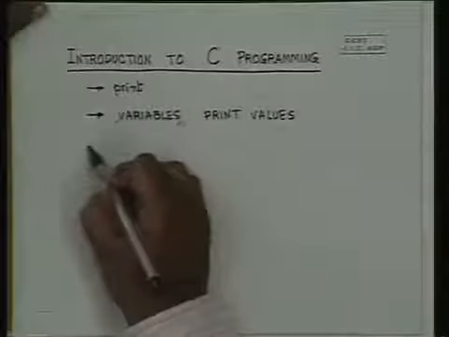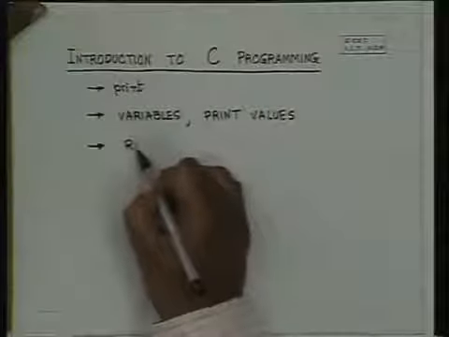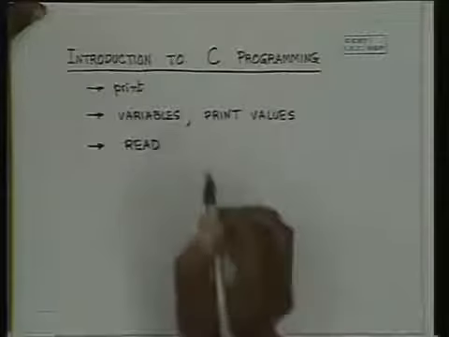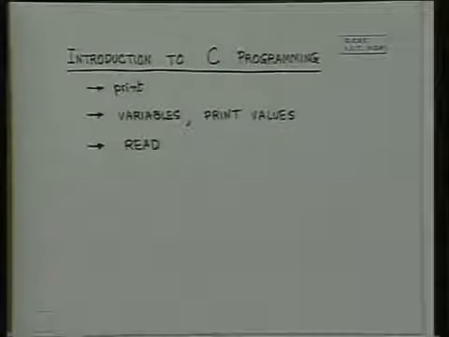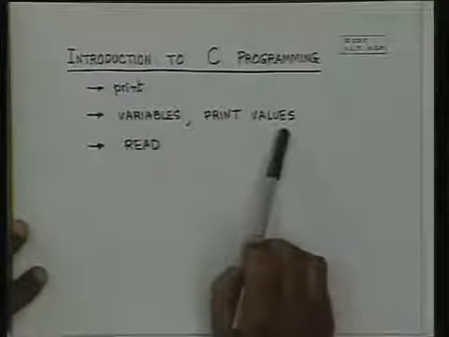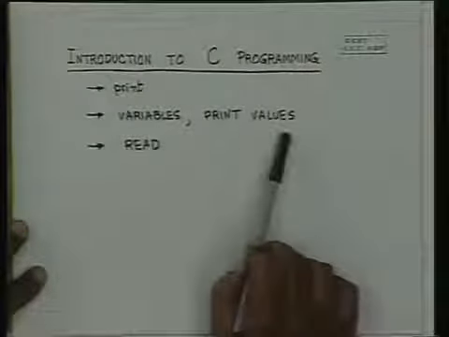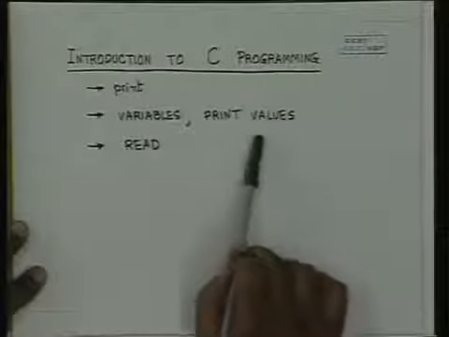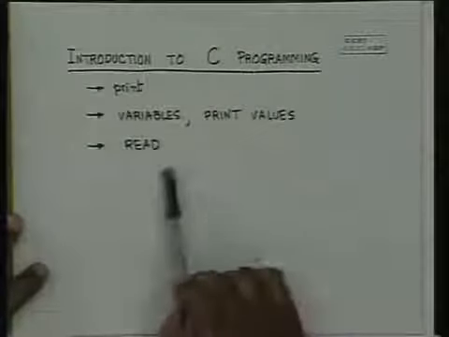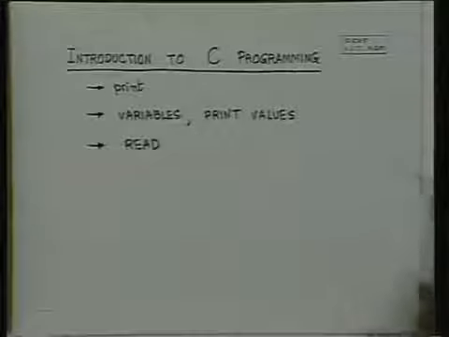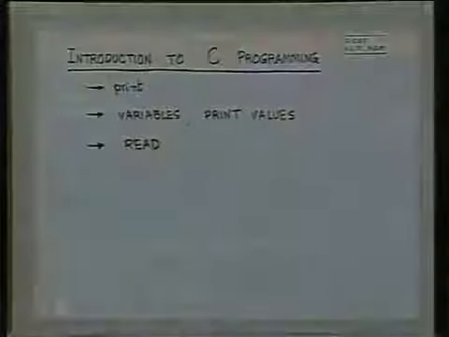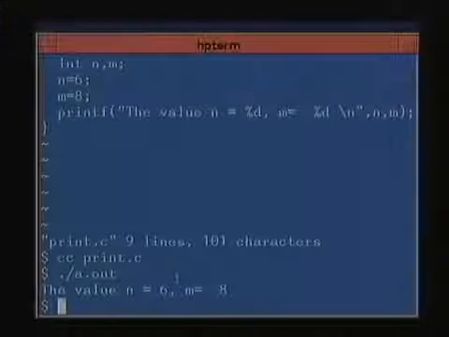The next program that we will see is reading. How to read the value of a variable. In the previous program that we did, we just assigned the value of a variable to a fixed value and then printed it. Now we will read it and print it, because reading and writing is the first thing that you should know well in any language, whether it's Fortran or English.